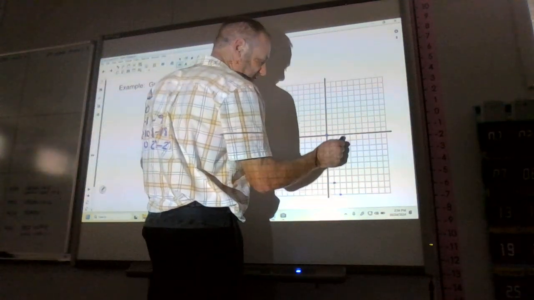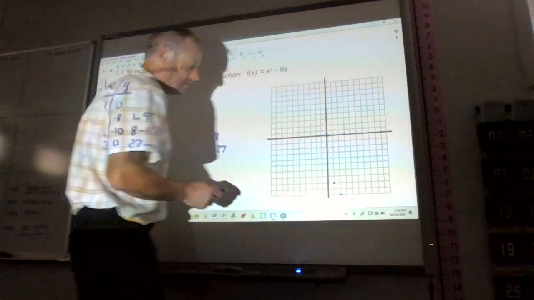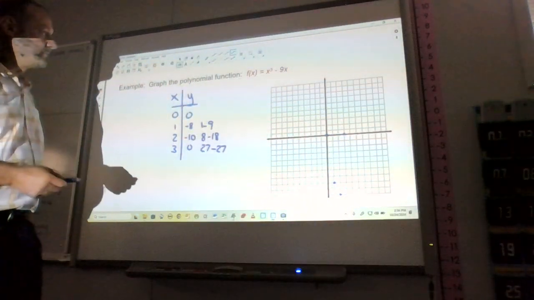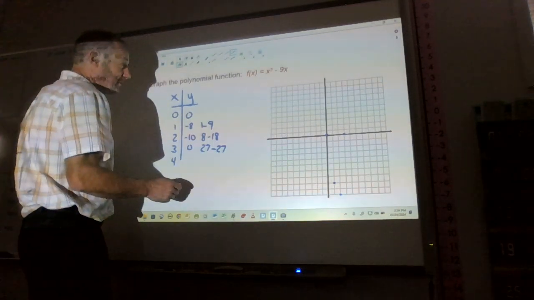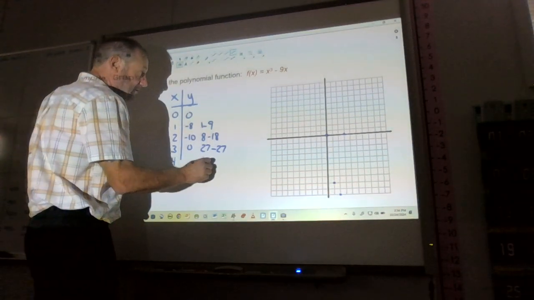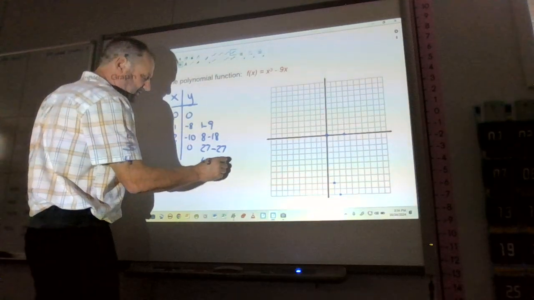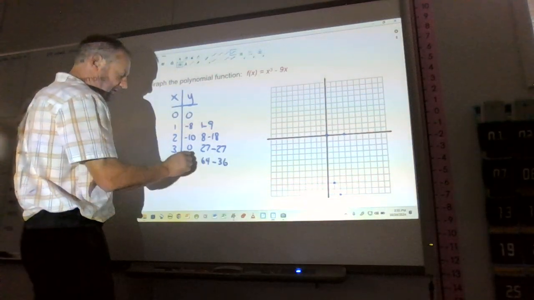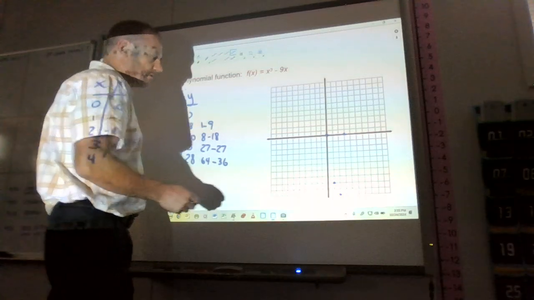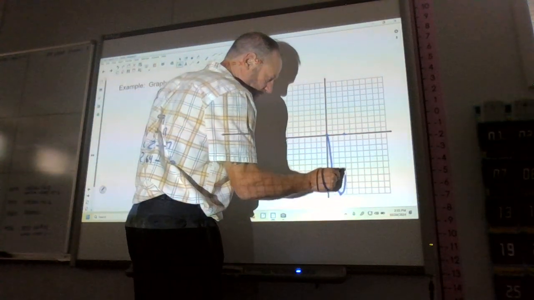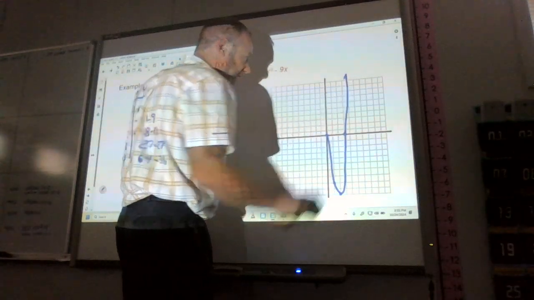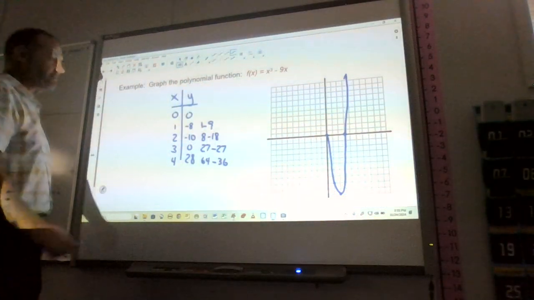This thing curves back to 0 right here. If I put in 4, 4 cubed would be 64 minus 36. What is that, 28? So that's going to go off the graph. So over here, this thing's going to go like that. Now what's going to happen the other way?